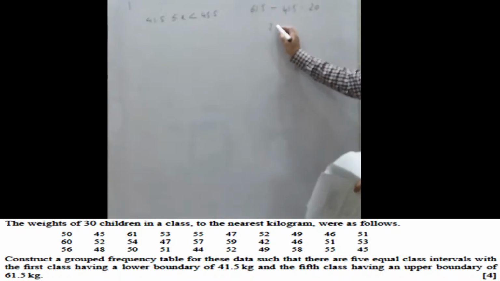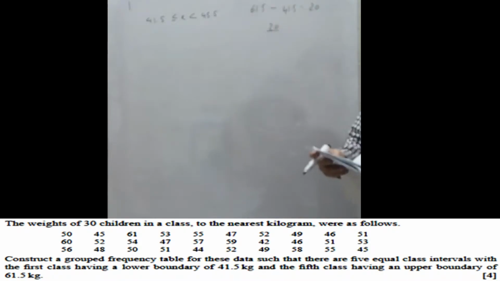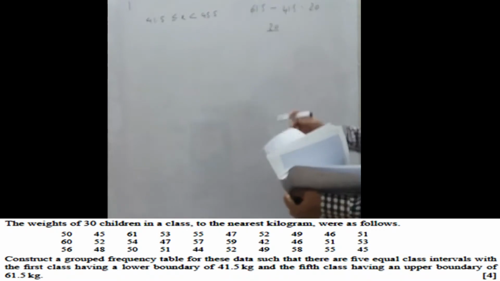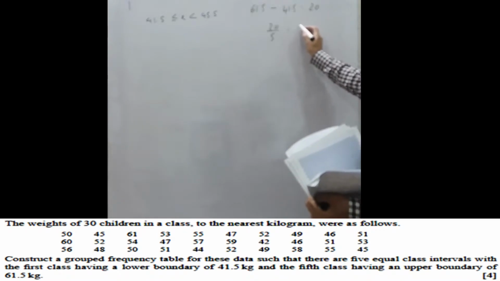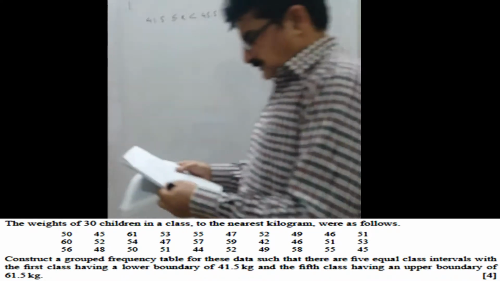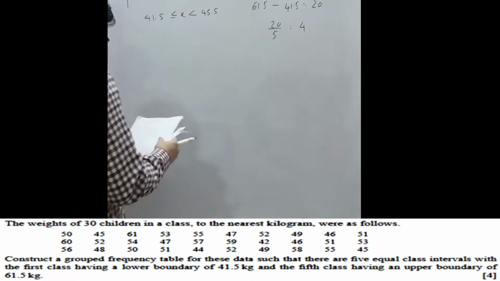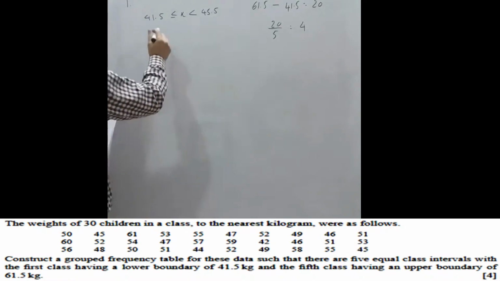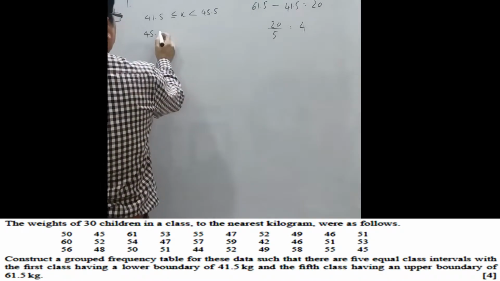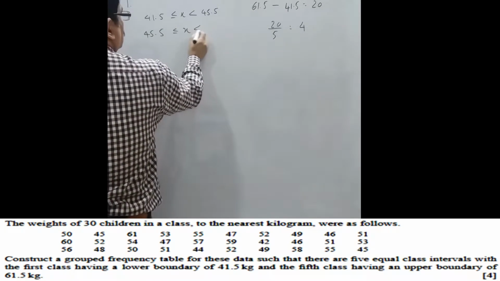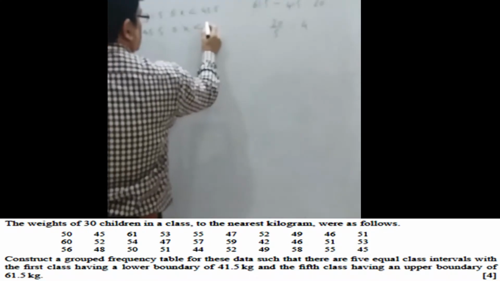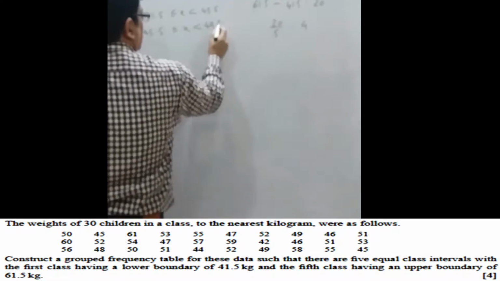Now we divide this 20 by 5 because we are asked that there are 5 classes. So you divide by 5, you will get 4. So class width will be 4. So second class will be from 45.5 less or equal to x, and if you add 4, you will get 49.5.